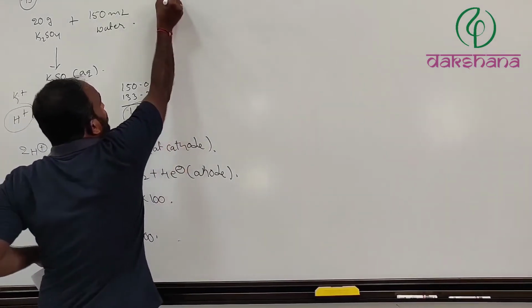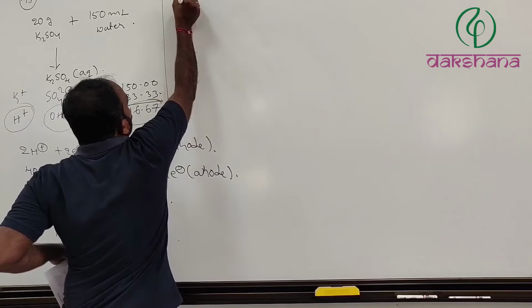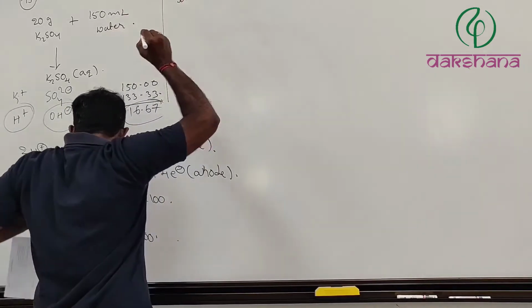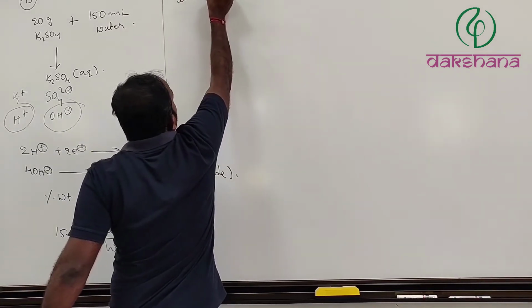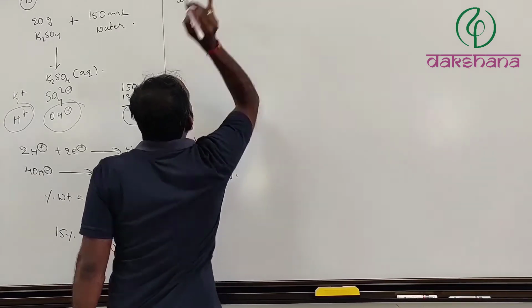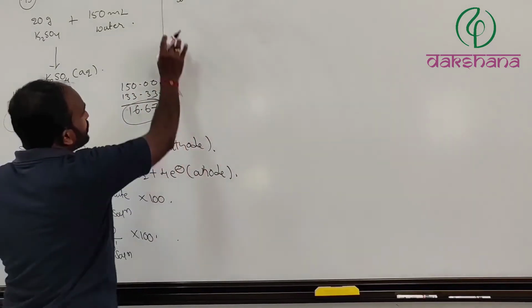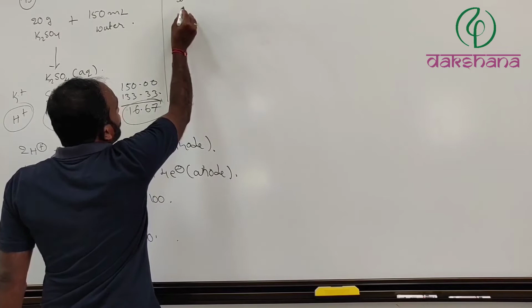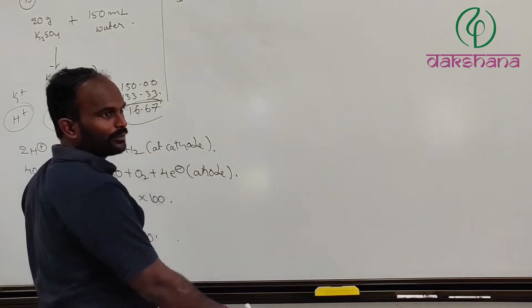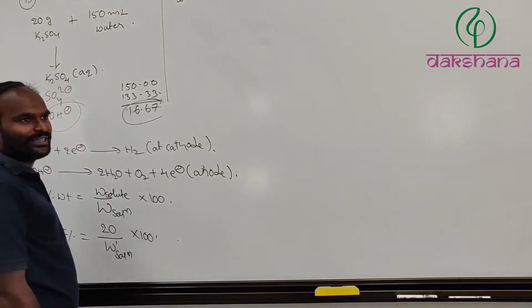Therefore, from this, the new weight of the solution comes out to be 133.33. In this new weight of the solution, 20 grams of potassium sulfate is present. Don't forget that.